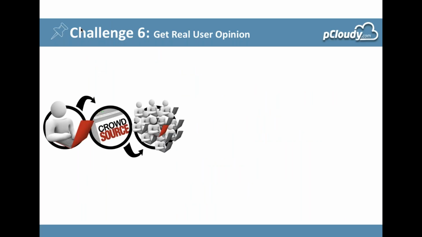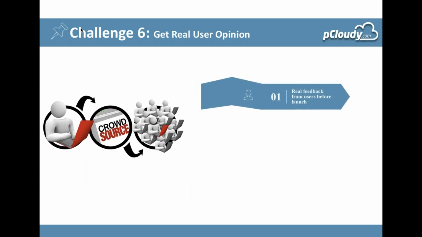Last, real user opinion. We talked about the importance of real user opinion, which is extremely important for mobile apps. So what is very important is to get real feedback from the users who are in field before launch happens.